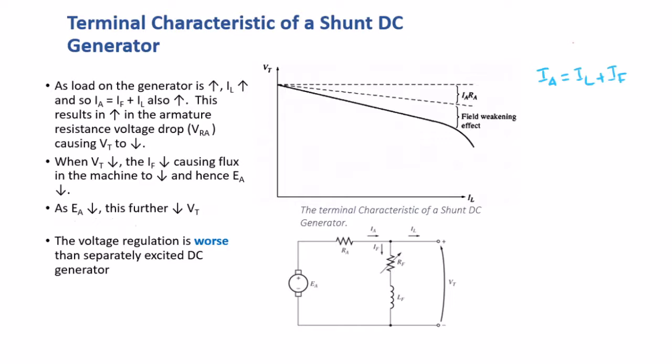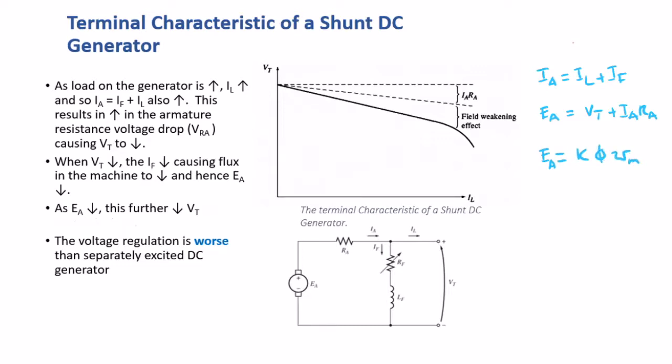And then another one is that EA is equal to VT plus IA RA, and also we know that EA is equal to K flux omega.